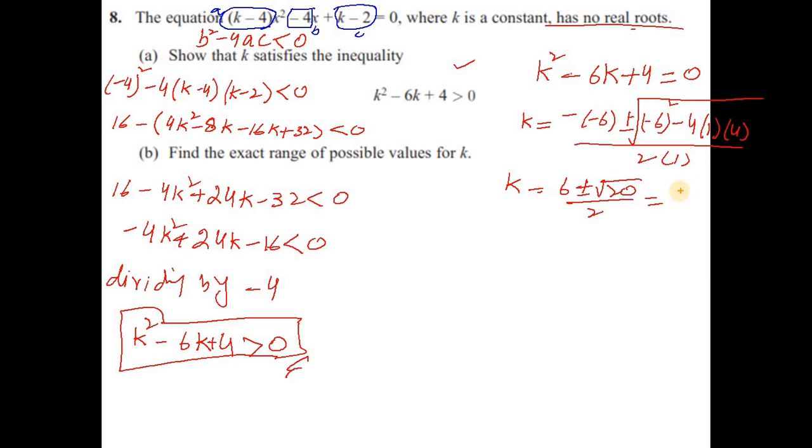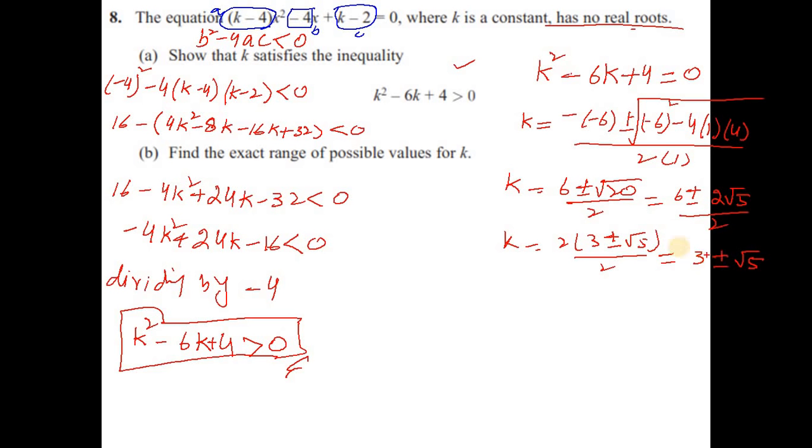So you can rewrite 6 plus minus 2 root 5 divided by 2, and taking 2 common, k is equal to 2 common, 3 plus minus root 5, divided by 2. That means k is 3 plus minus root 5. These are the two values of k.